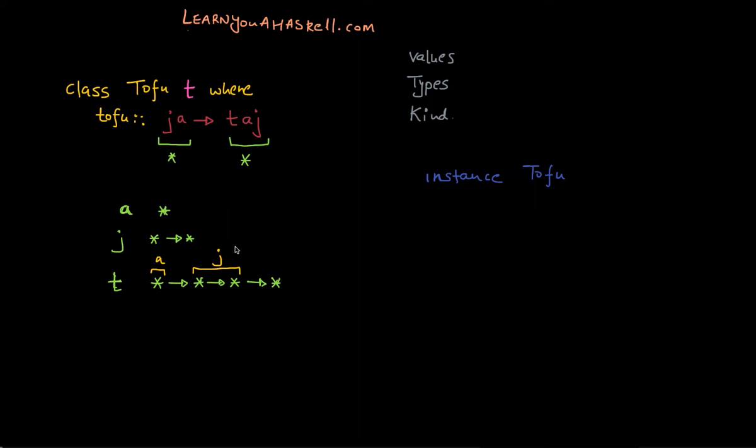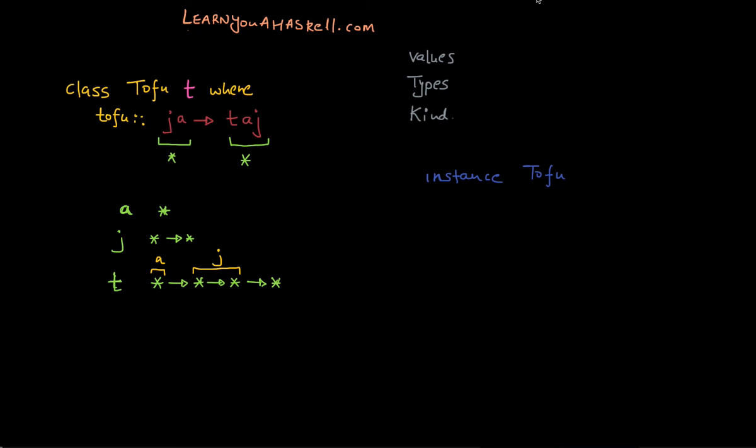As long as I can get a type that has exactly the same kind as t, I'm in a position to create an instance of my type class Tofu using that type.